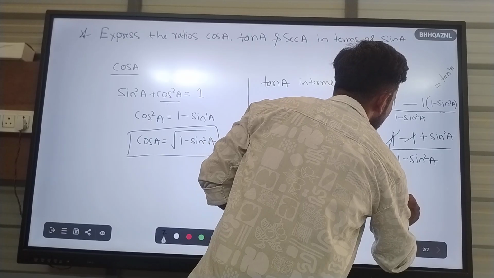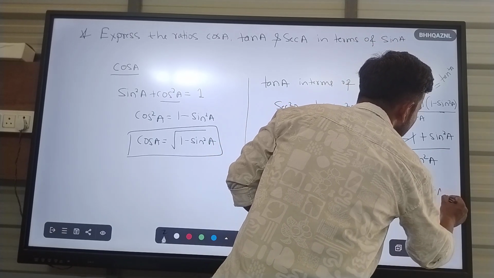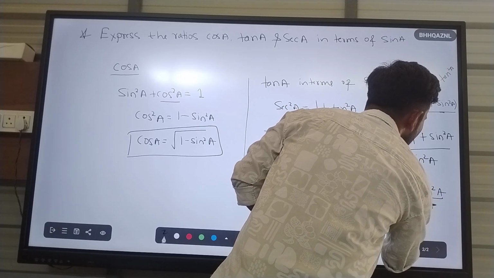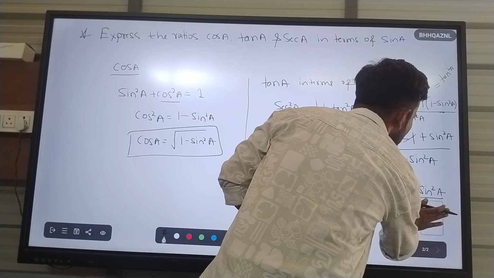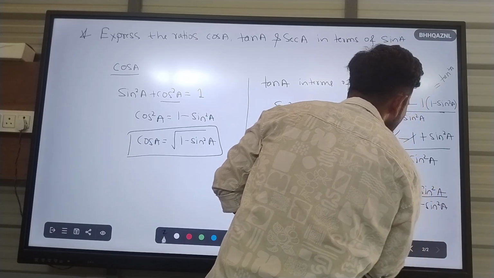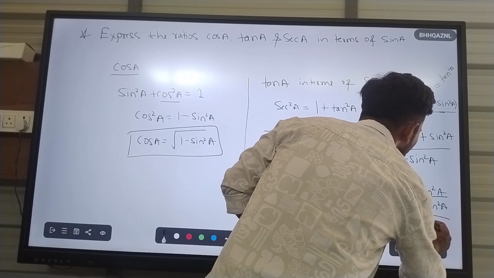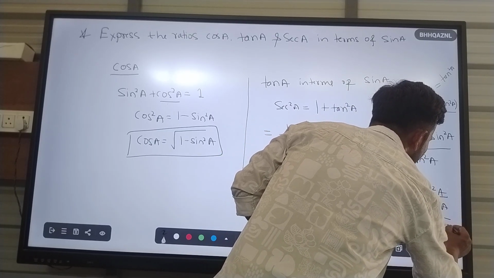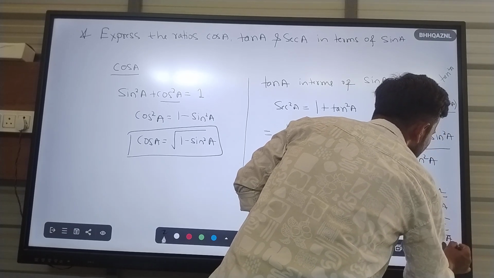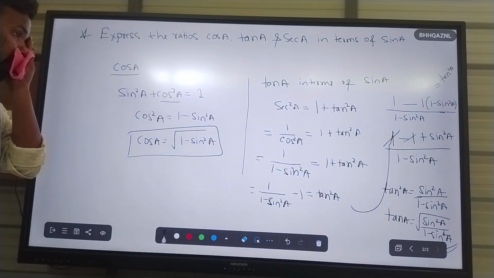So tan square A is equal to sin square A divided by 1 minus sin square A. We want tan, so take the square root: tan A is equal to square root of sin square A divided by 1 minus sin square A.